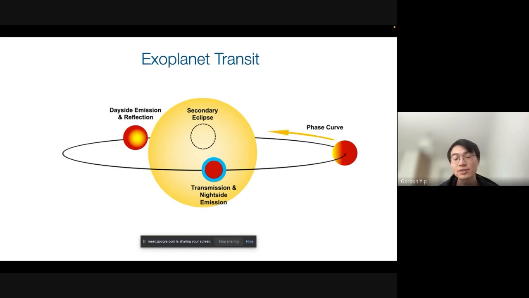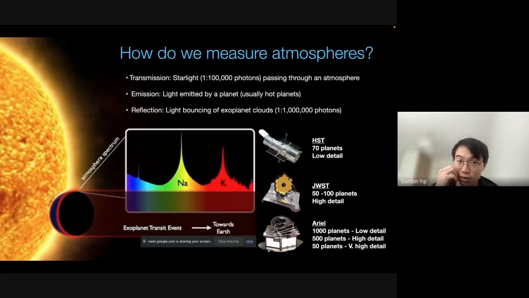If it is transiting in front of the star, what we get is what we call the transmission spectrum. And if it goes around behind the star, which we call secondary eclipse, we don't see that here, but what we have is the dayside emission from the planet. So we're characterizing the dayside of the planet. To give you a more concrete example, what you're looking at right now is a schematic.